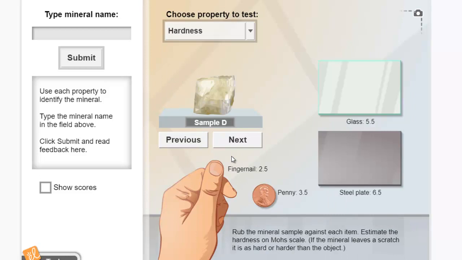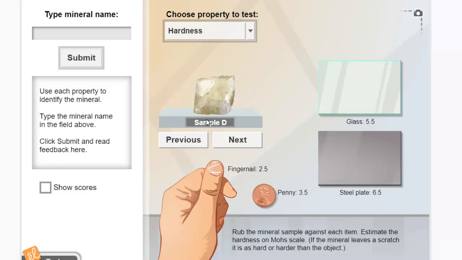By the way, you should have a calculator with you, your cell phone calculator or a calculator on your computer. The hardness of this particular mineral does scratch the fingernail, so we know it's 2.5 or higher, and it does not scratch the penny.